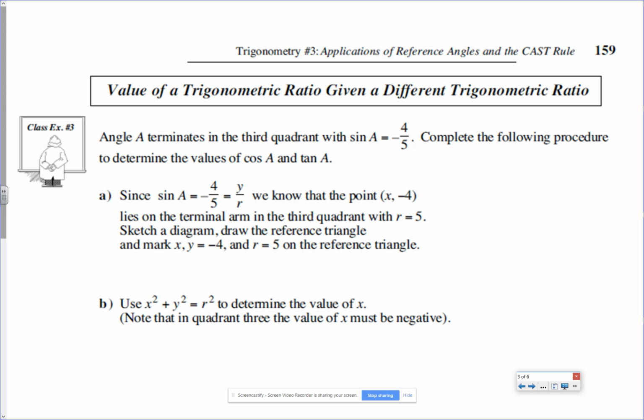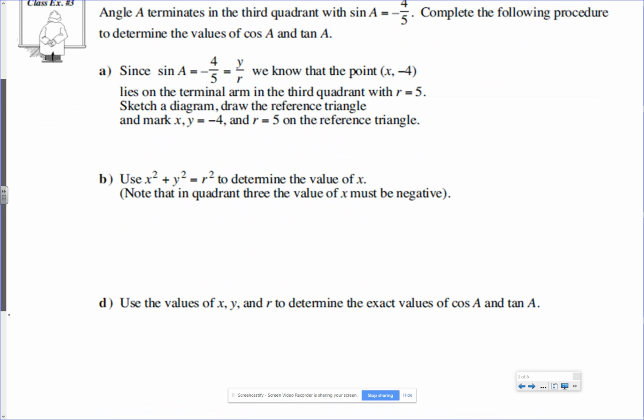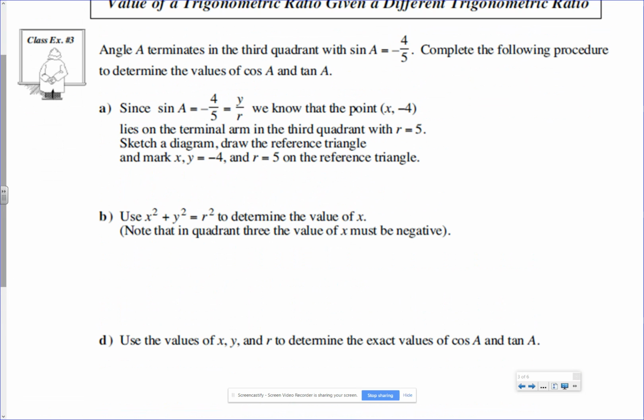So, value of a trig ratio given a different trig ratio. If we're given the ratio, we need to draw the triangle and put down the values we know. So for example, here it says we know sine. So sine gives us our radius and our opposite side.